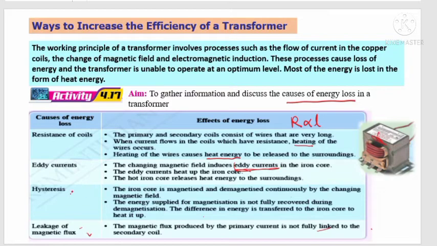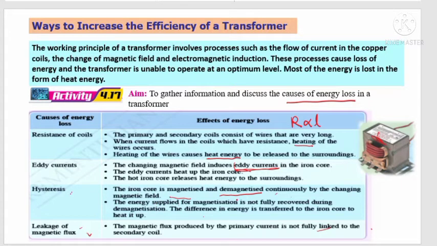Next is hysteresis loss. As we discussed earlier also, when the direction of current keeps changing, the iron core will be magnetized in a direction that always keeps changing. So this will cause the iron core to be magnetized and demagnetized continuously by the changing magnetic field.